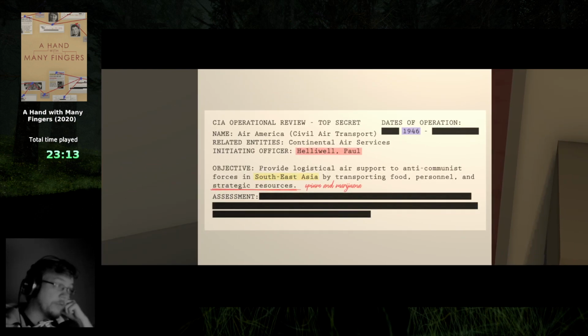CIA will be top secret. Name: Air America. Affiliate entities, confidential air services. Objective: provide logistical air support to anti-communist forces in Southeast Asia by transporting food, personnel and strategic resources. So drugs.